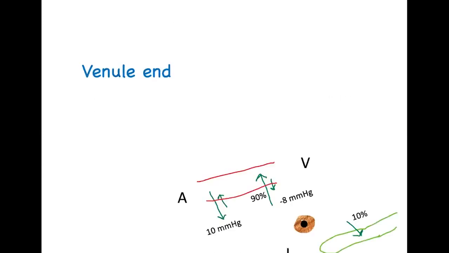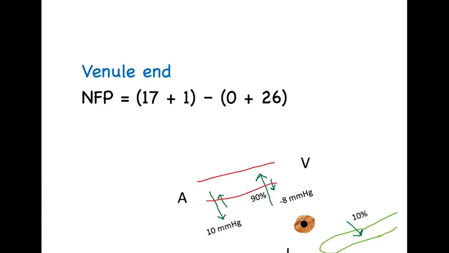Let's look at the venule end. We're going to use the same equation. The net filtration pressure will be equal to the hydrostatic pressure in the capillary plus the osmotic pressure in the interstitial fluid. Notice that the hydrostatic pressure in the capillary, the blood pressure, has dropped down to 17 millimeters of mercury.